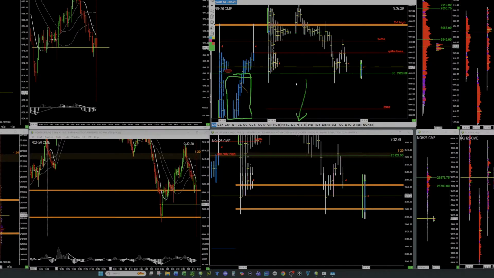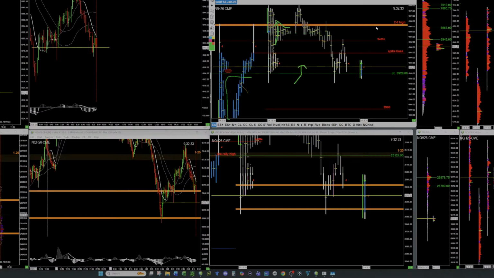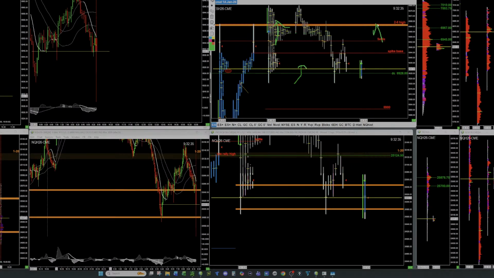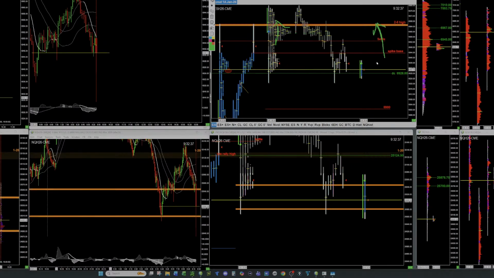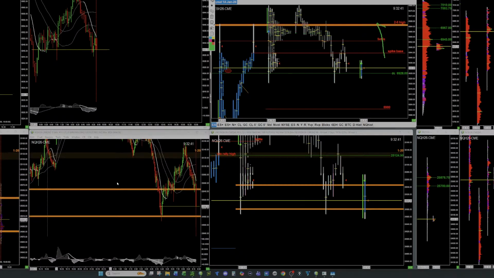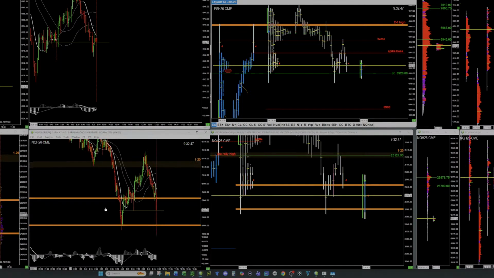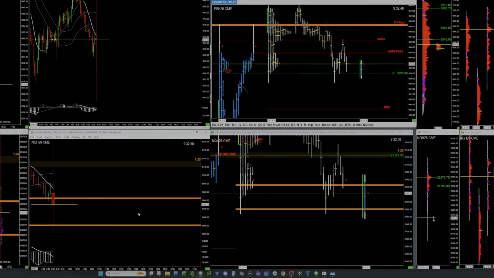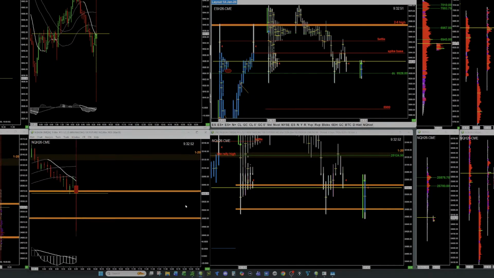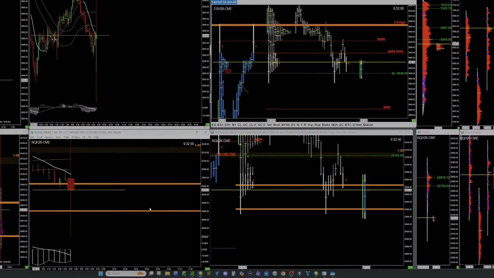Now, if the market comes back in here, you may target this area here, 6964, but let's not get ahead of ourselves here. Let's have some patience and let's see what the market has to offer, if there is anything here.